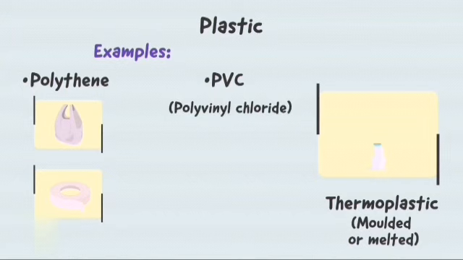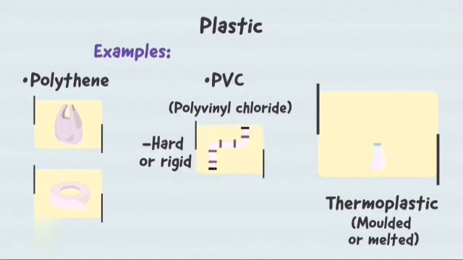This hard or rigid PVC is used in making strong structures like construction pipes. In contrast, the other type is soft PVC, which is used for making containers and bottles. So that's all about the two different types of plastics.